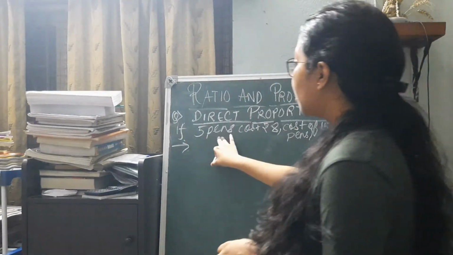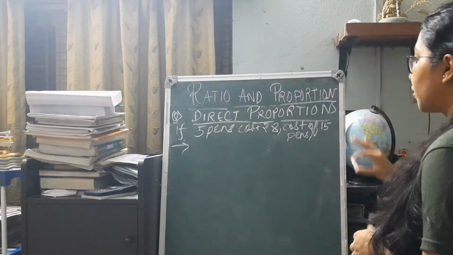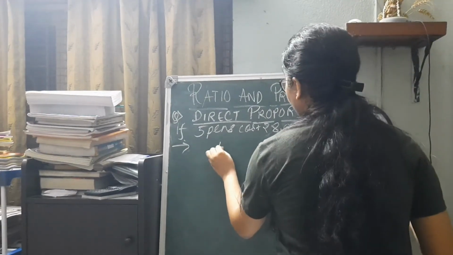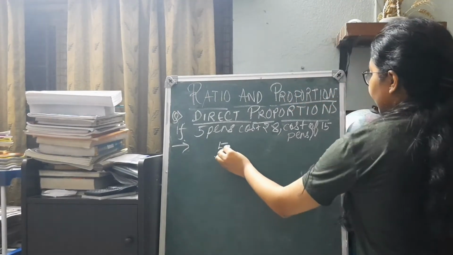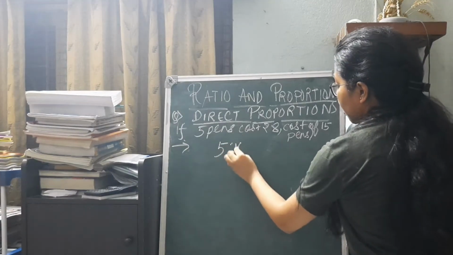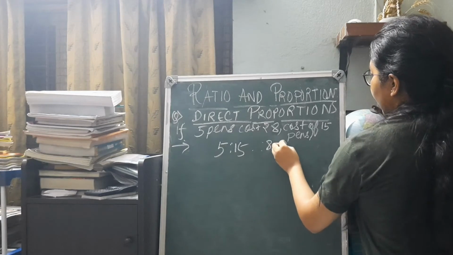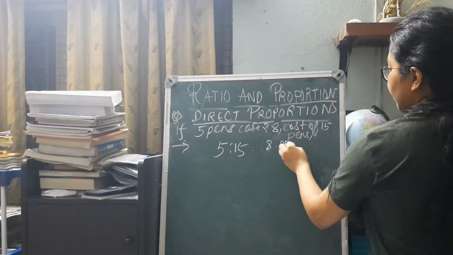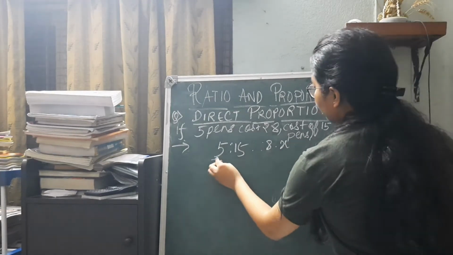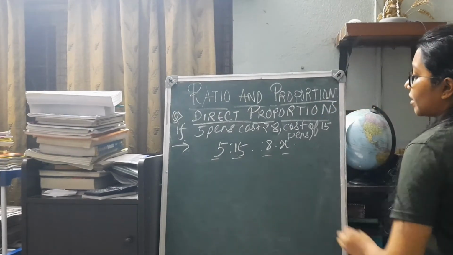Because both the quantities are pens, if 5 pens cost rupees 8, what should be the cost of 15 pens? We have to understand that the basic expression should be in this form. Let the cost of the 15 pens be x. So 5 is to 15 should have the ratio 8 is to x.